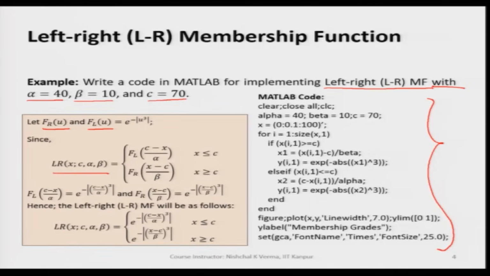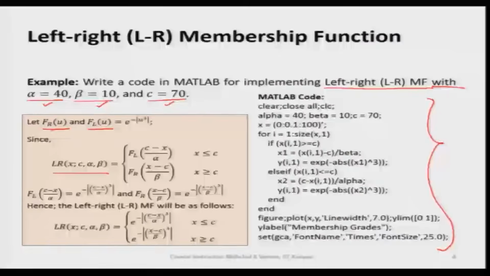So, in this case, apart from the parameters alpha, beta and C, we also choose a suitable monotonically decreasing function. Here FR and FL have been chosen as e raised to the power minus mod of u cubed.